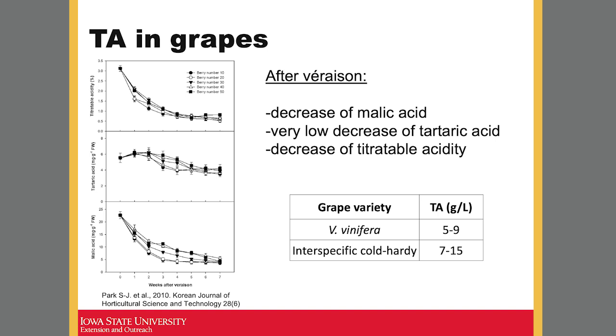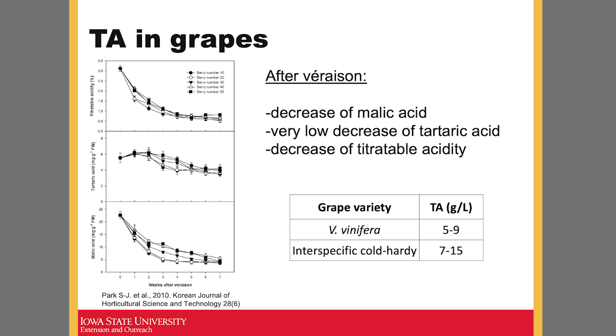Compared to Vitis vinifera grape varieties, we put in that table interspecific grape varieties. Interspecific grape varieties would be the main varieties that are grown in Iowa, in Nebraska, in Minnesota, because most of the varieties are coming from Minnesota.